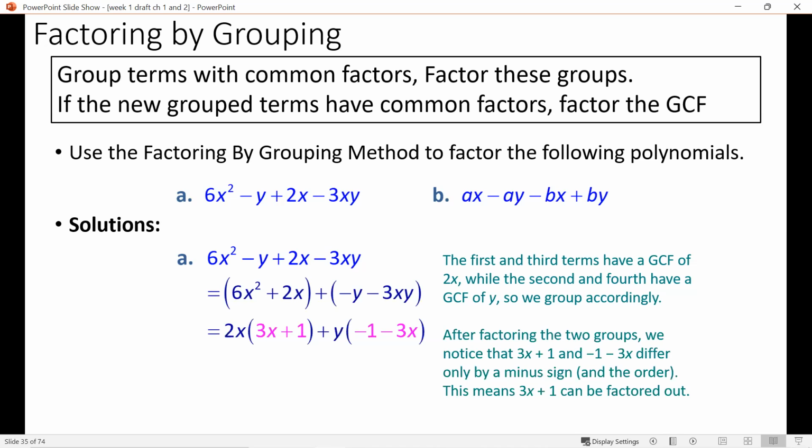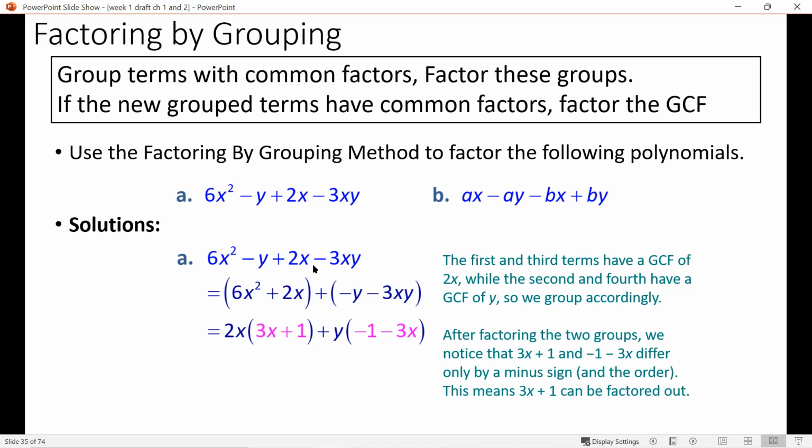So we can factor a 2x out of the first term, and we can factor a y out of the second and the fourth. And then we get a little bit lucky, which isn't really luck. That's just how this problem factors. We see that we actually have a 1 plus 3x in both of our new groups.